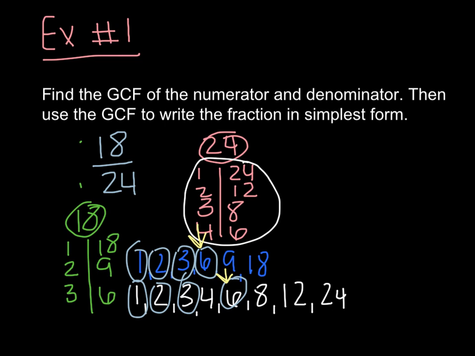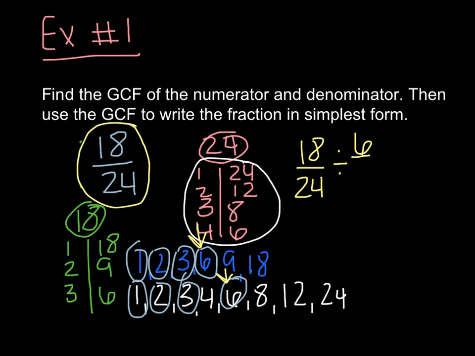So now we take our fraction, 18/24ths, and we use our greatest common factor, which is 6, to divide. So we divide both our numerator and our denominator by 6. So 18 divided by 6 is 3, and 24 divided by 6 is 4. So that is our simplest form, 3/4.